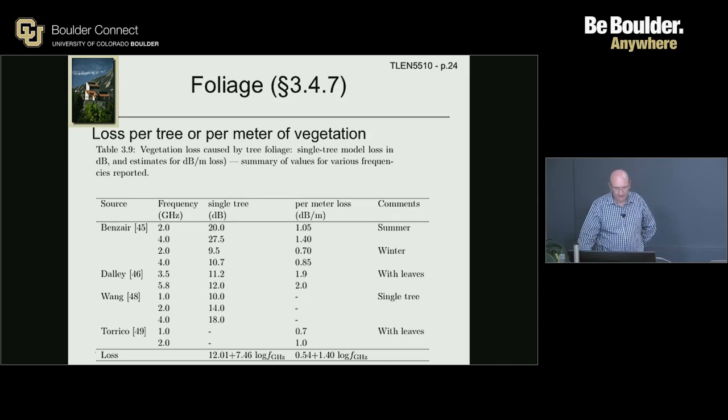And oddly enough, some papers and some measurements I've made show that things change before the leaves come out. Right? It seems obvious when a tree has no leaf, it has less loss than a tree with leaves. But it's funny because we started measuring loss a week before the leaves came out. So maybe there's a sap, more liquid, which is lossy in the tree, and we did notice loss, and then leaves came out. So sometimes we do find some interesting results.